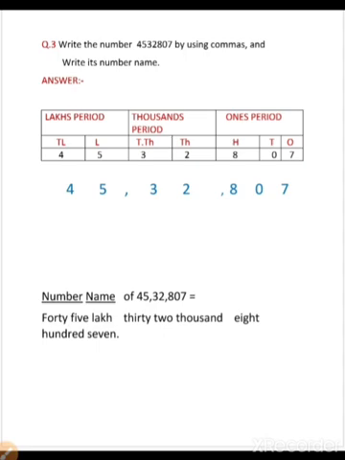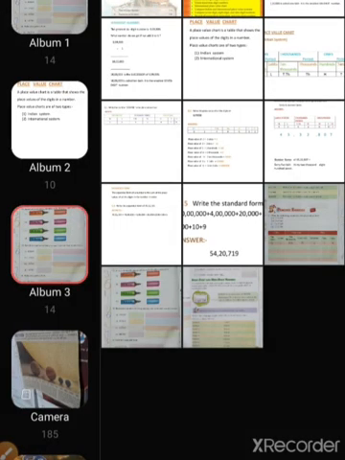So the first period is ones period, the second period is thousands period, and the third one is lakhs period. We have to separate the digits in these different periods by using commas. So you can see ones period.